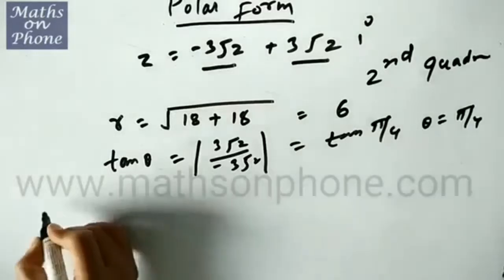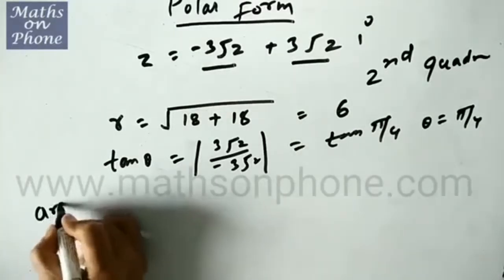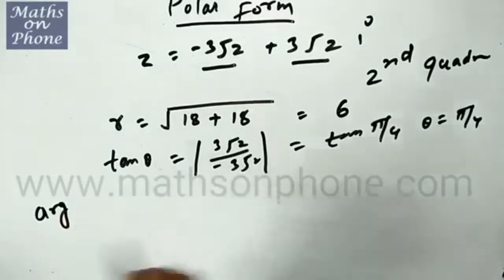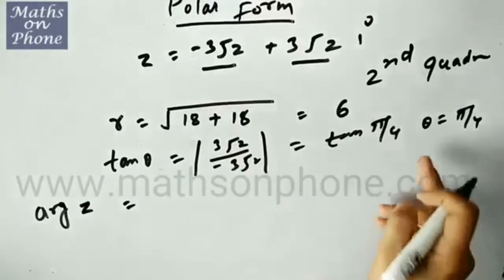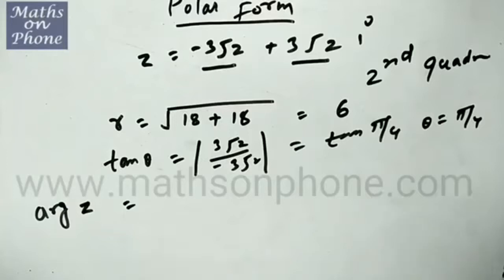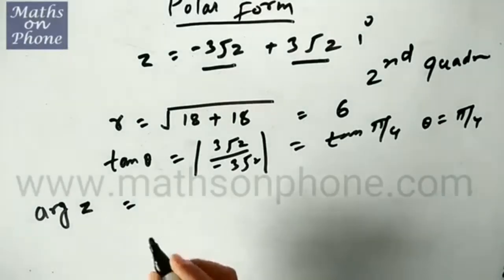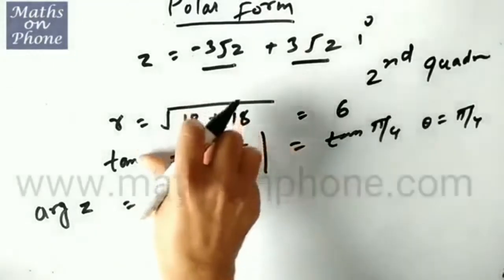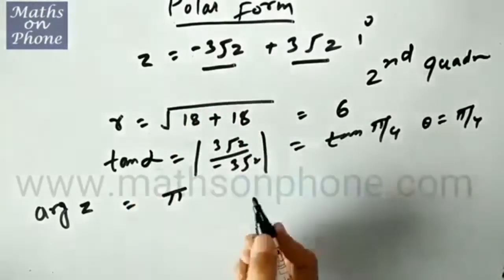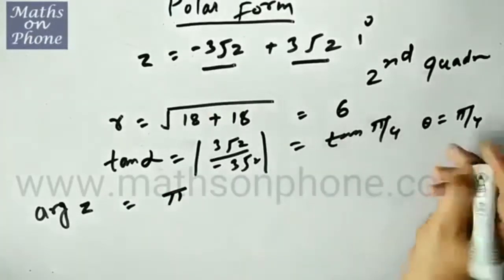So what will be the argument? Just see here, the argument theta will be, if it is in the first quadrant, it is okay. If it is in the second quadrant, what do we need to write? Instead of theta, we will just write alpha, and then we will try to find theta.